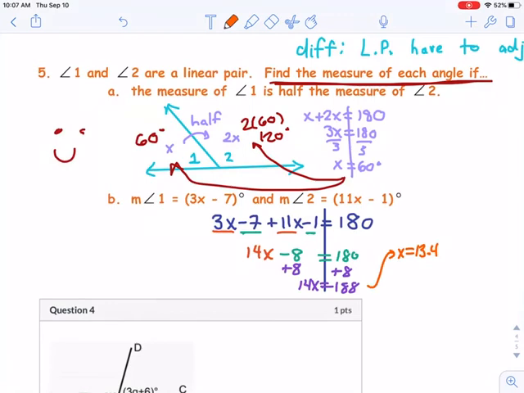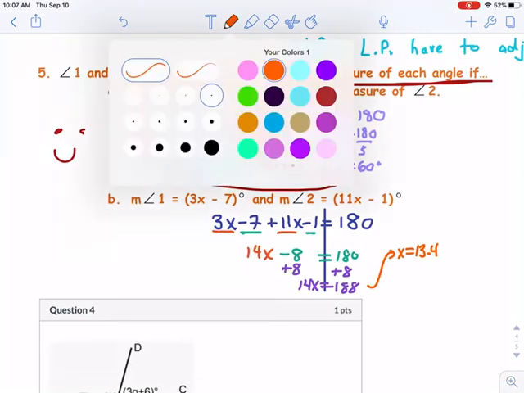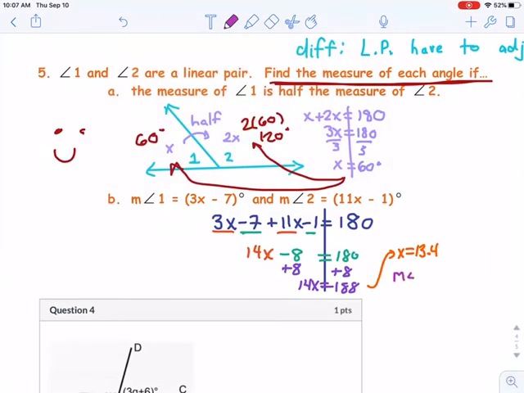And then we got to plug it back in. So the measure of angle 1 equals 3 times 13.4 minus 7. I keep it in my calculator not rounded for this first one. So I get 33.3. There's going to be some rounding errors going on here. Not a big deal.